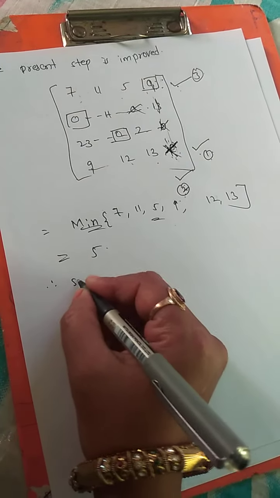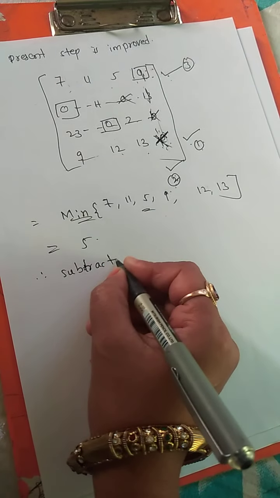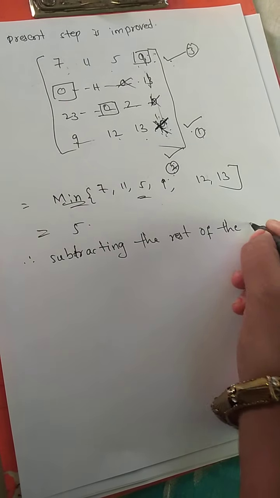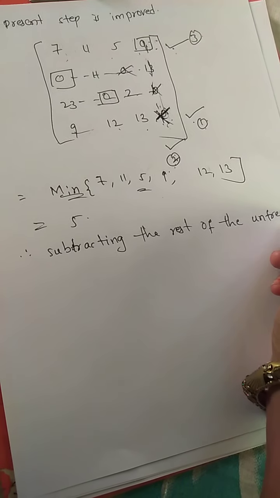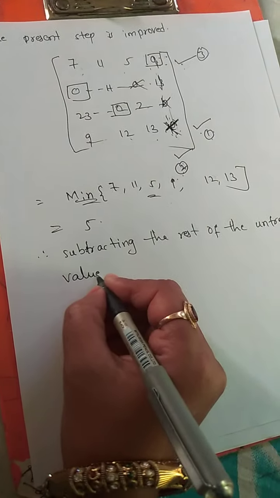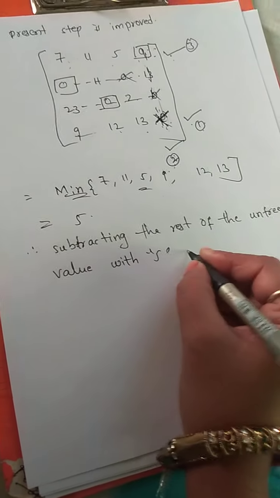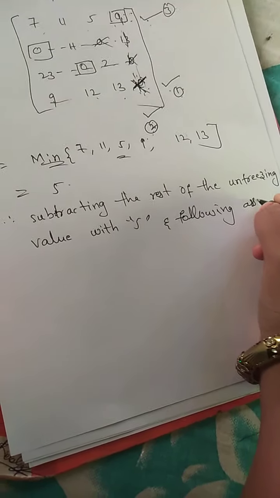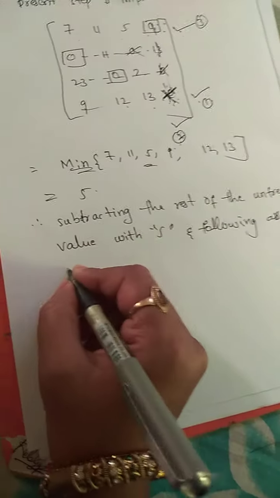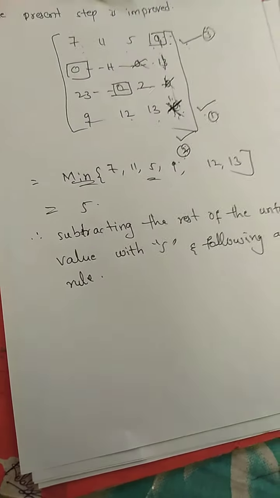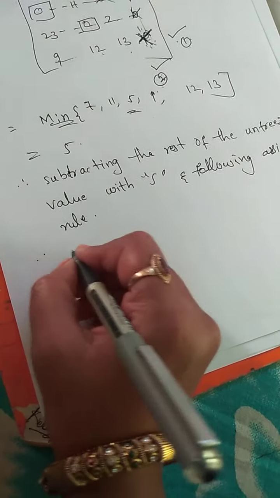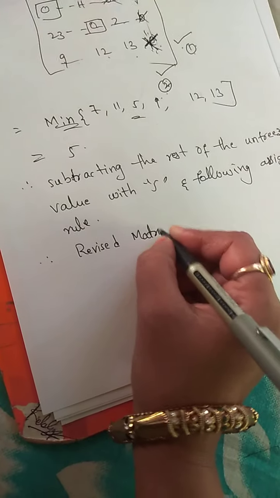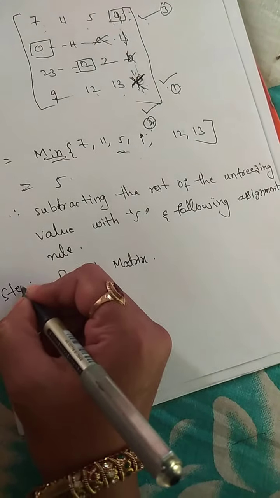Therefore, subtracting 5 from the rest of the unfrozen values and following the assignment rule, we get the revised matrix. Okay, step 7.